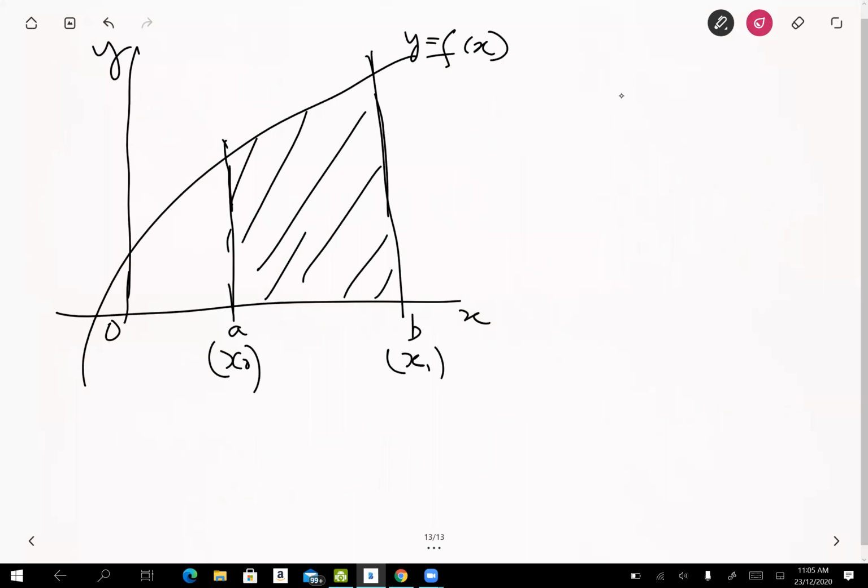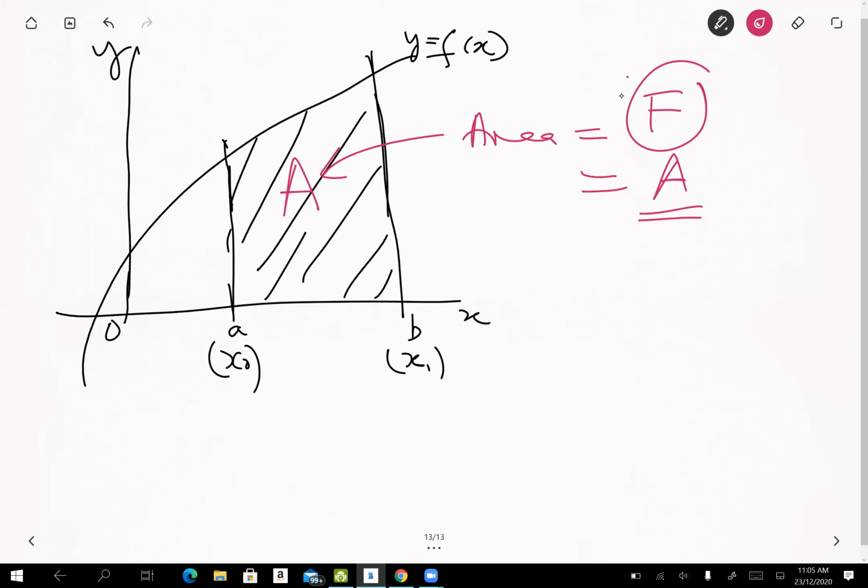So we call it that area here. It's an area, and we denote that by F. Sometimes you use F, sometimes we can use just A, because that is the area. So we know now that's the area.